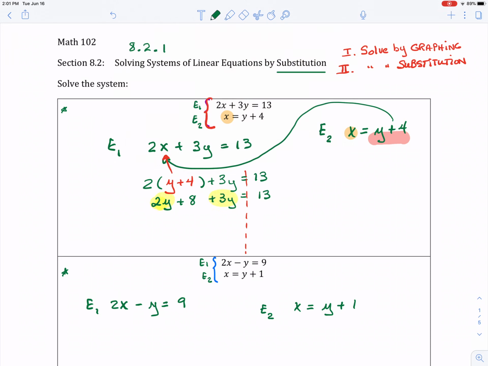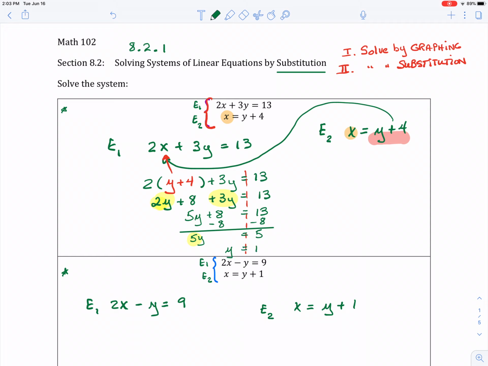I'm going to go ahead and combine those. Subtract 8 from both sides. And then dividing by this coefficient 5 on both sides, I get y equals 1.